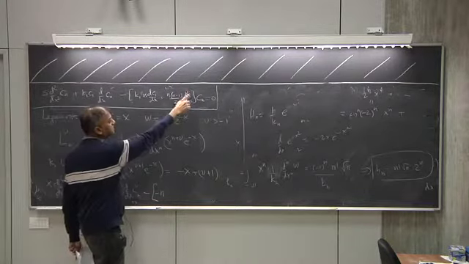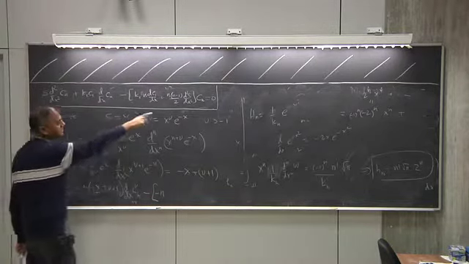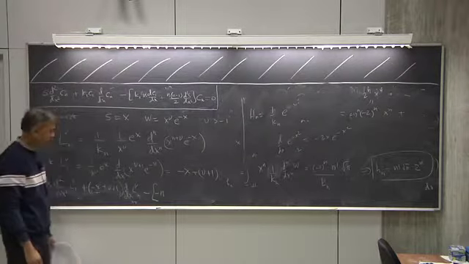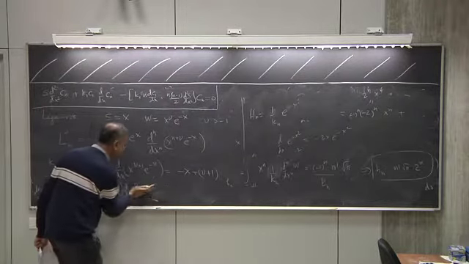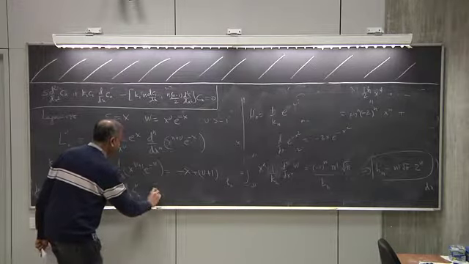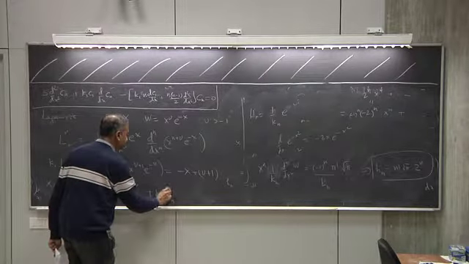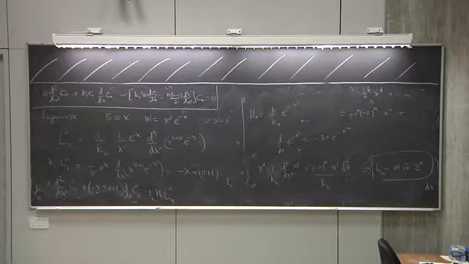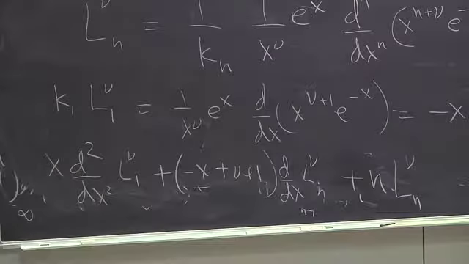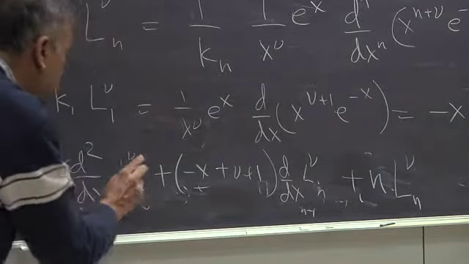And this term is again 0 because s is linear, so no second derivative. So minus minus plus n actually, plus n times ln. So this is the equation satisfied by ln, Legendre polynomials.